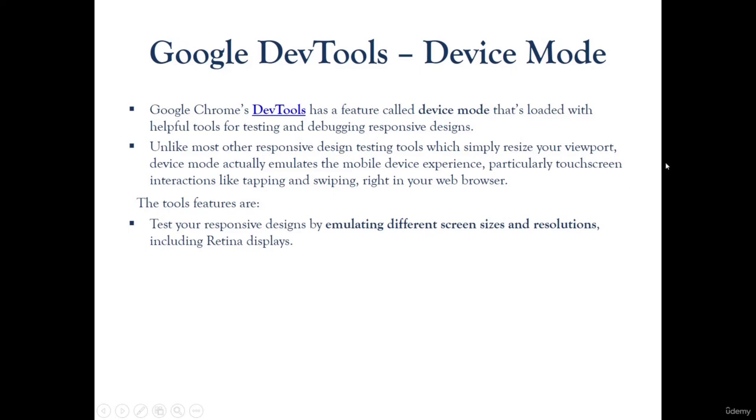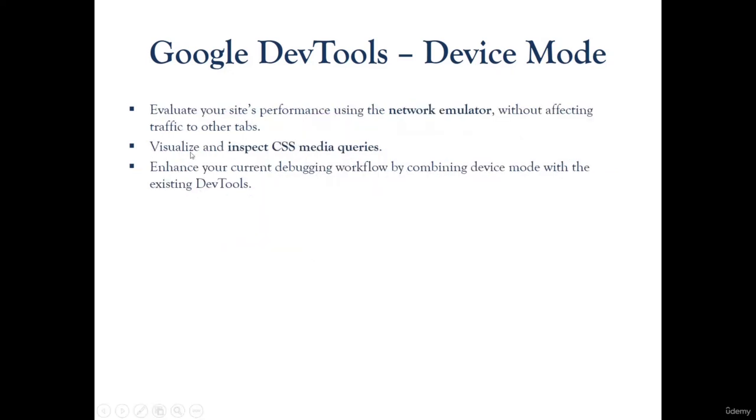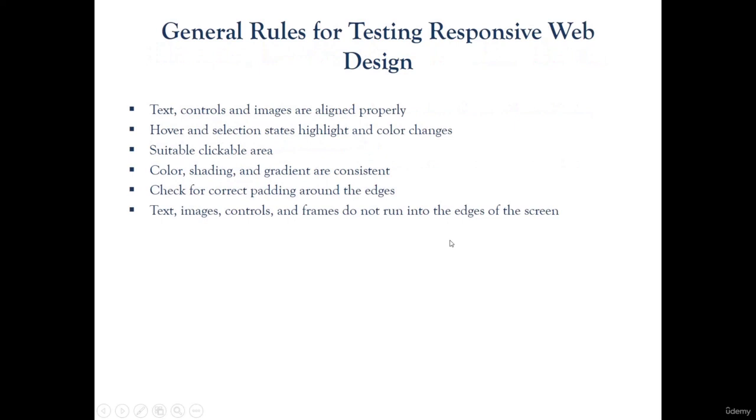You can get more details from the iOS platform about exactly what retina display is and its requirements before uploading the application to the App Store. It also emulates your site's performance using the network emulator without affecting traffic to other tabs. CSS media queries enhance your current debugging and workflow, combining device mode with the extensive development tools.